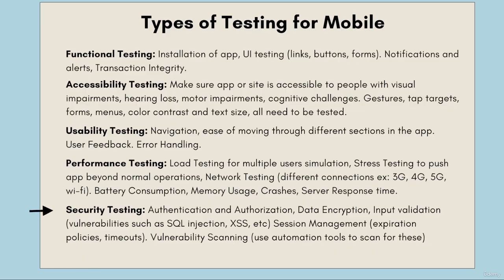And then we would do security testing, which is the authentication and authorization, data encryption, input validation, vulnerabilities such as SQL injection, XSS, etc., session management, the expiration policies, timeouts, vulnerability scanning. You would use automation tools to scan for these. So these are the main principles and the types of testing you would do for mobile.